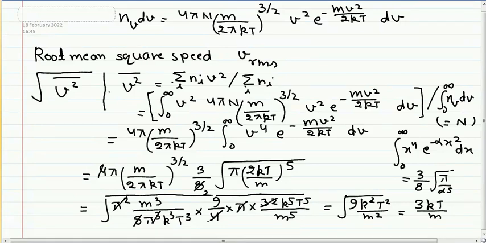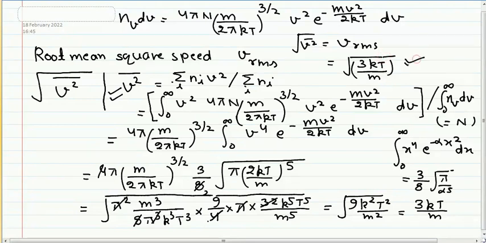We have calculated here v square bar, but our actual result is under root v square bar. So under root v square bar, which is VRMS, the root mean square speed, will be under root 3kT by m. So this is the final result.